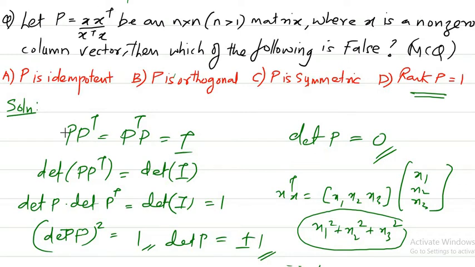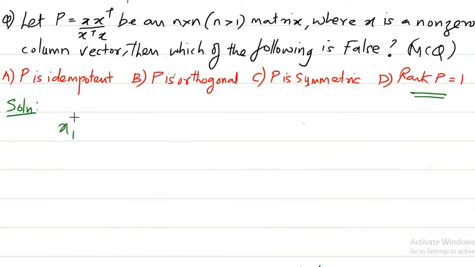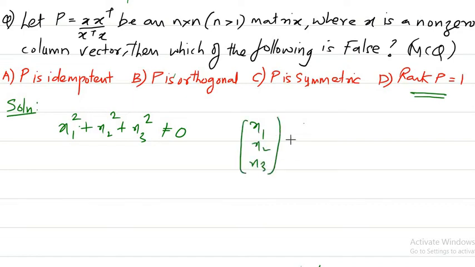And we know that since the x vector is non-zero, x1 square plus x2 square plus x3 square is going to be non-zero, right? Because we are given that this vector x1, x2, x3 is actually a non-zero vector. That means at least one entry should be non-zero, and this is nothing but our x transpose x.